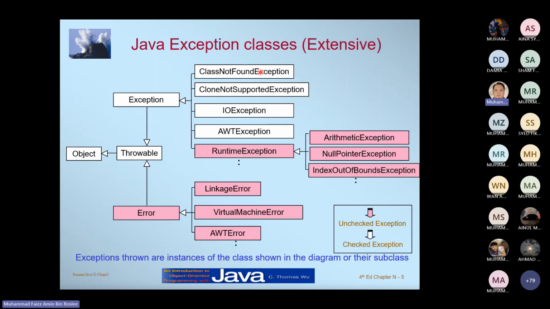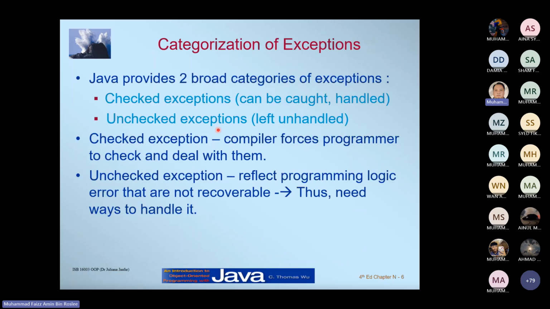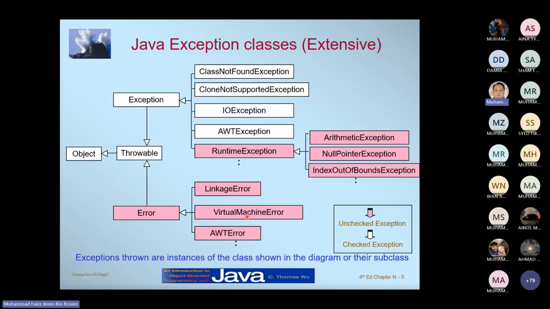But for unchecked exceptions, most of the time they happen within the hardware, right? The program will stop executing because of, for example, exhaustion of the memory, or being stuck in a loop. So all this kind of exception, you need to handle it.